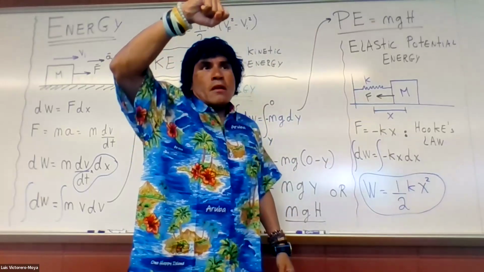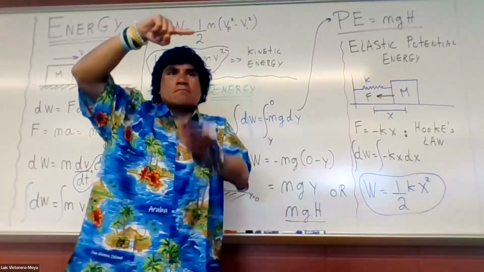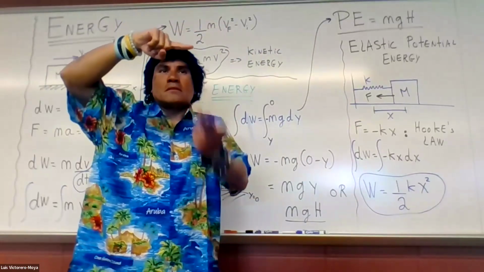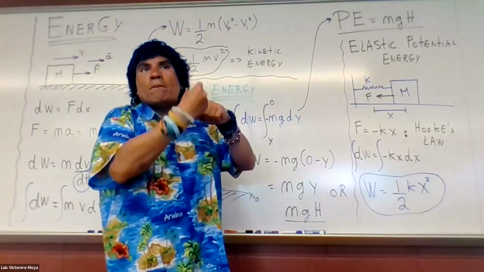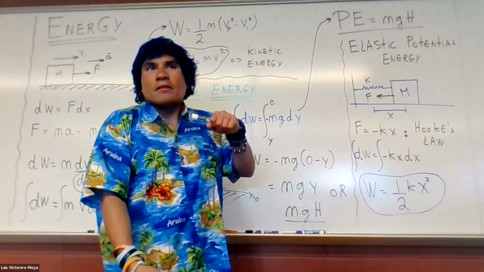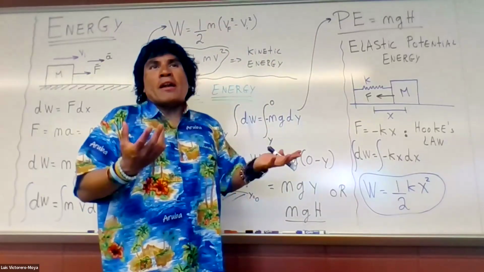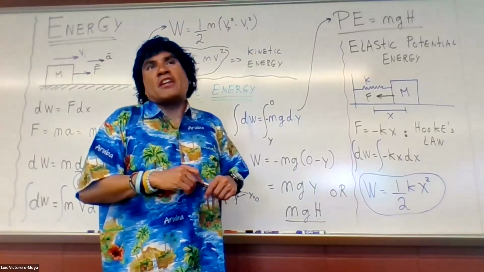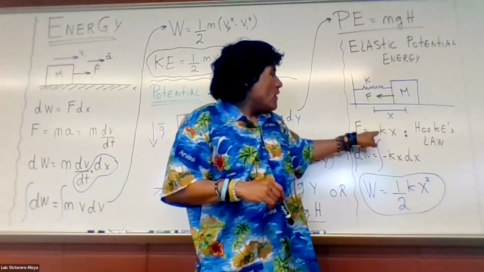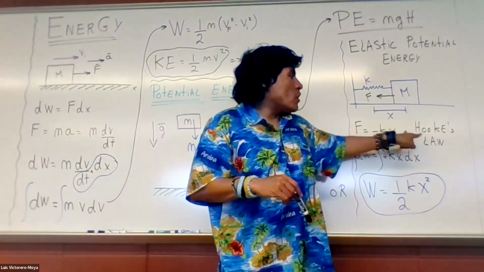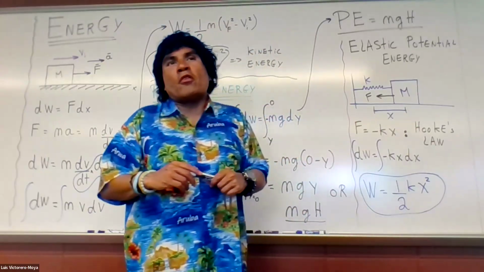The spring may have a natural length, L. And then if you pull it downwards, or if you push it, you are stretching it or compressing it. So negative kx is Hooke's law. This is known as the restoring force.